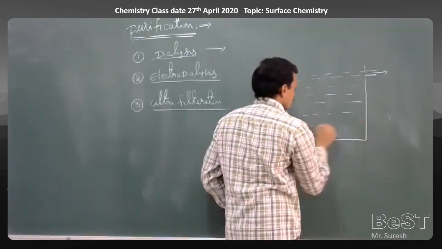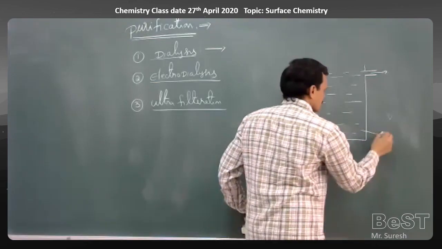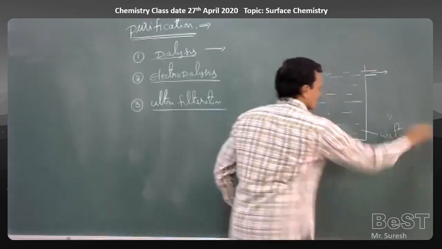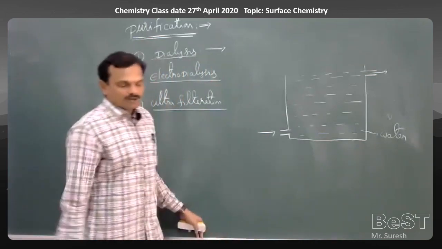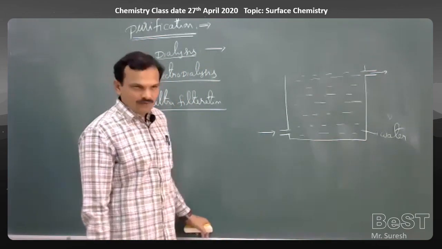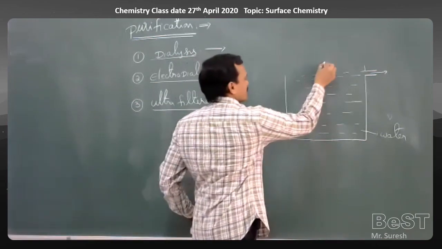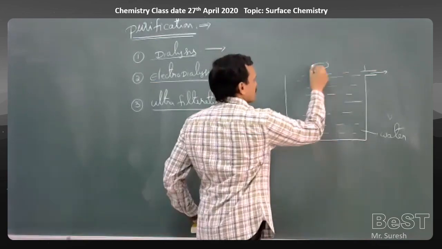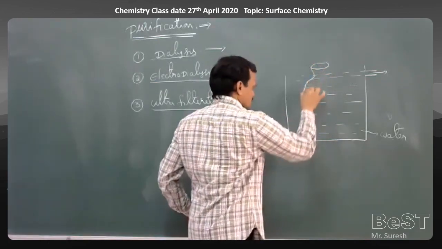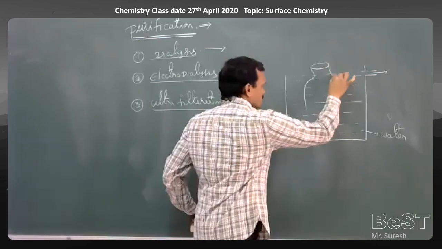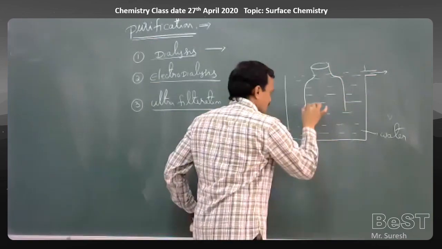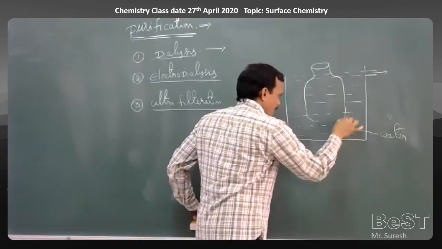So this is water which is under circulation. Now the colloidal solution which is to be purified is taken in a parchment membrane or parchment bag. The colloidal solution which is to be purified is placed in a parchment bag.